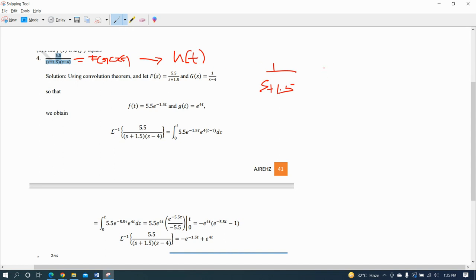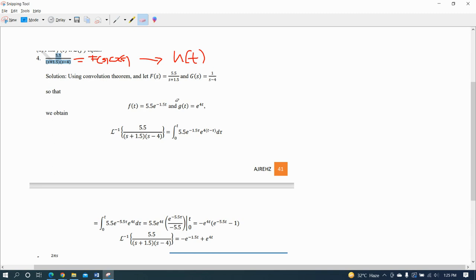Kung gusto mo naman, ang f of s mo is equal to 1 over s minus 4, tapos ang g of s mo is 5.5 over s plus 1.5, okay lang din yun. Hindi necessary na pare-pareho tayo ng kung ano ang f of s at ano yung g of s.